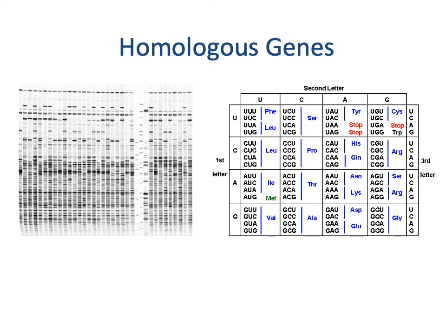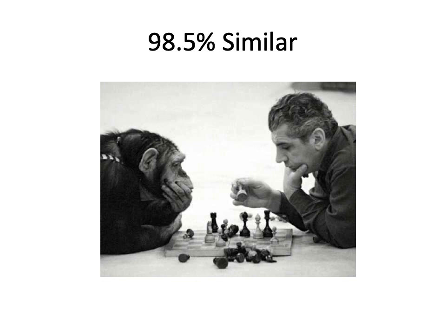And by looking at genetics, we figured out that the organism that is most similar to us are chimpanzees. We and chimpanzees share a lot of our genes and a lot of our proteins and a lot of our structures. We are 98.5% similar to each other.